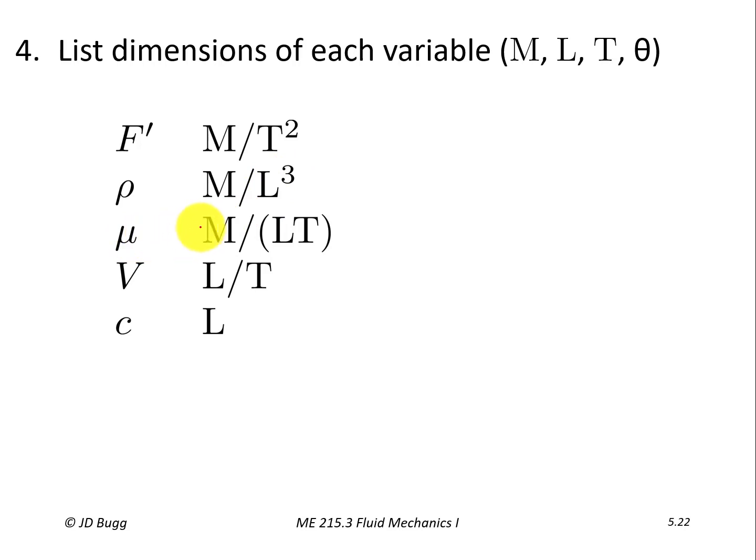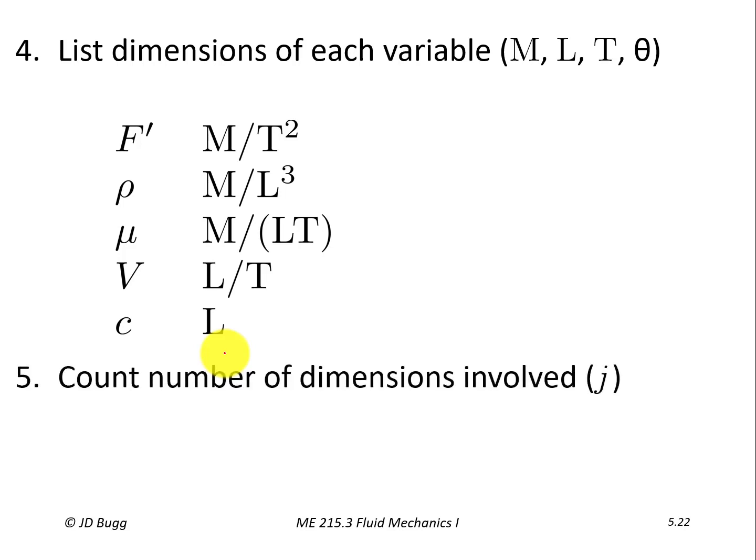Dynamic viscosity has dimensions of mass divided by length and time. Velocity is length divided by time, meters per second. And the chord length, of course, is just a length. So that's step 4, just listing the dimensions of each of our variables, independent and dependent.